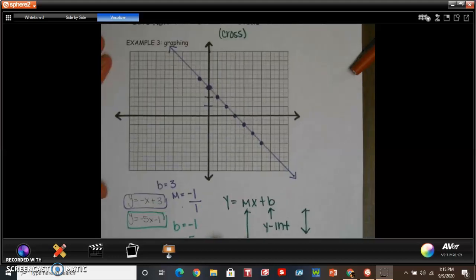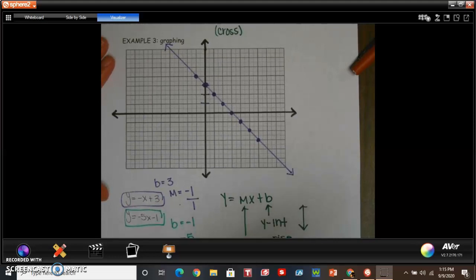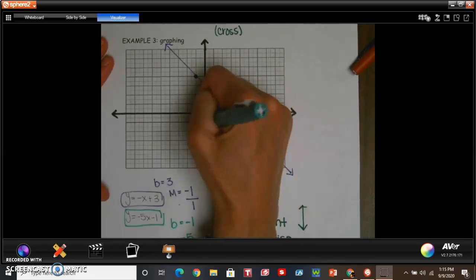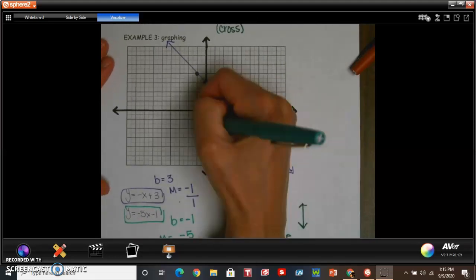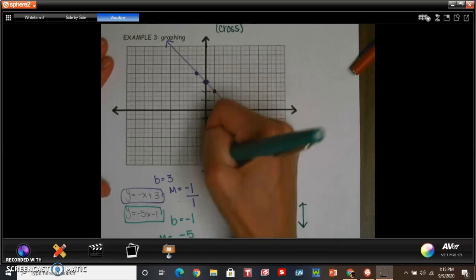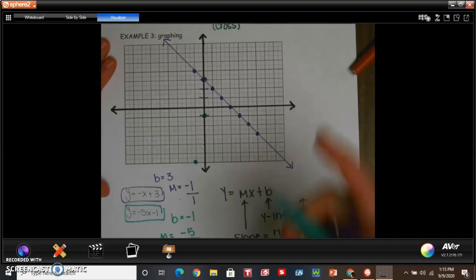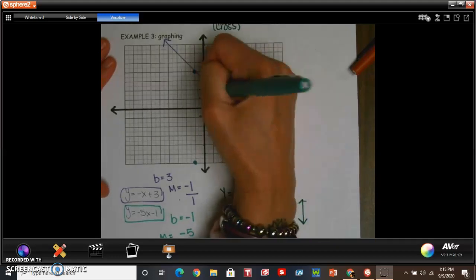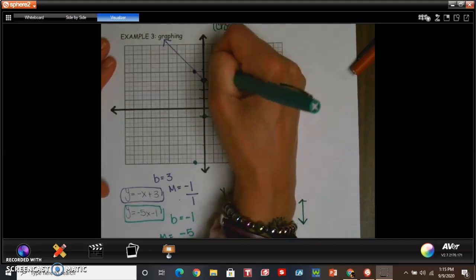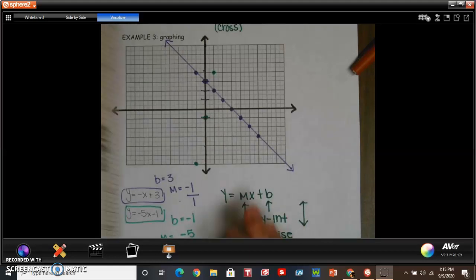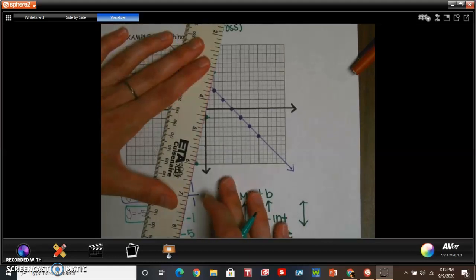So I'm going to plot a point at negative 1 on the y-axis. Then I'm going to go down 5, 1, 2, 3, 4, 5, and over 1. Then I'm going to do the opposite: go up 5, 1, 2, 3, 4, 5, and over the other way, 1. Okay, and then we're going to cross.